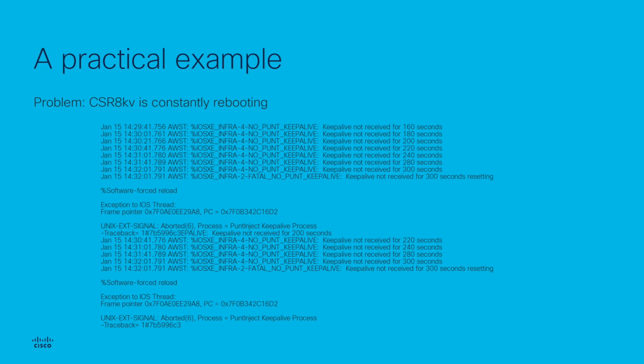However, the crash info file is in clear text, and you can see the symptoms as no punt keepalive failures. The process impacted is the punt inject keepalive process. The system must trigger an abort signal when the keepalive reaches the 300 seconds threshold mark.